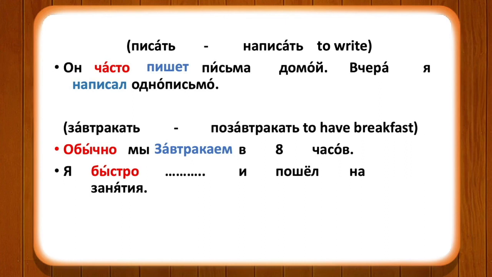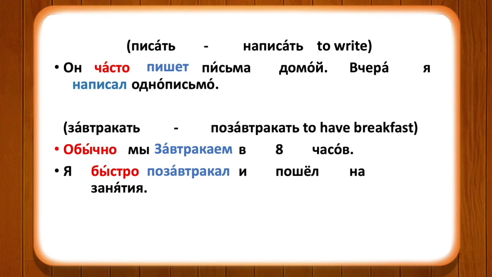So the verb that you will be using is pozavtrakat', and you will be using it in past tense because once it is completed, only then the next action has started. So poshol, the second verb here, is also used in past tense. So the first blank will be the past tense form of the verb позавтракать. Я быстро позавтракал и пошел на занятия.